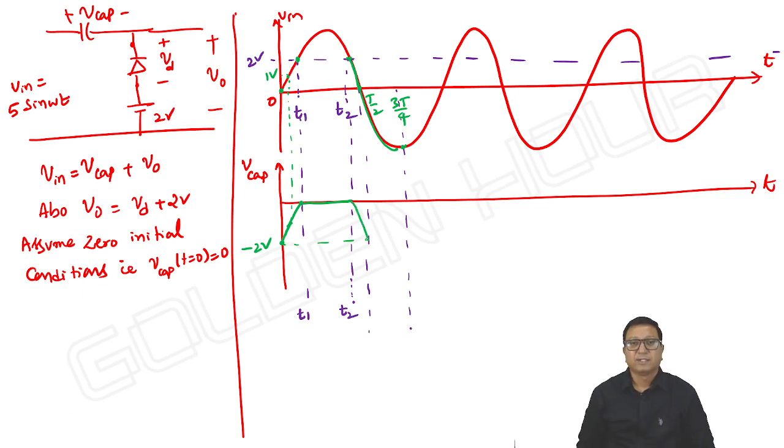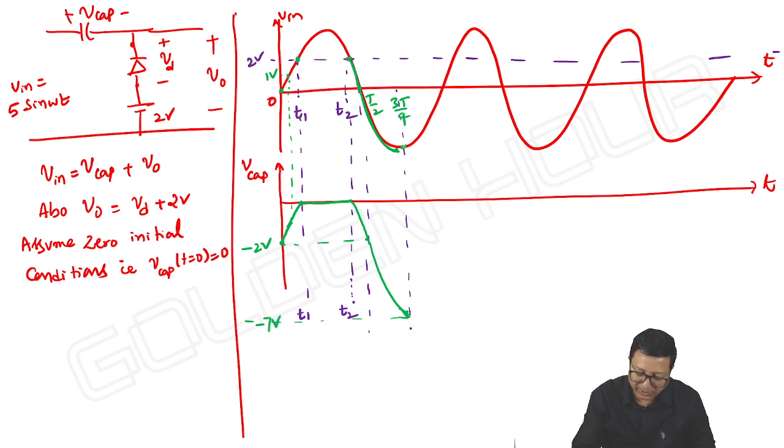Okay, this is the idea. So input is falling by 2, and because output is fixed, output is constant. Input falls by 2, capacitor voltage also falls by 2, almost. Next, input is further falling by another 5 volts, and capacitor voltage also falls by 5 volts. To what level does it come down? It falls down up to minus 7 volts.